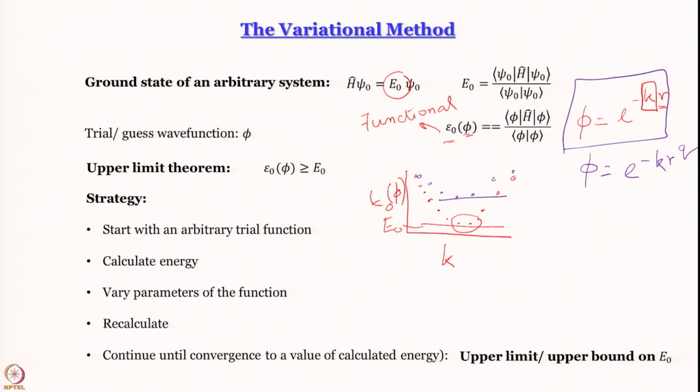Let us say change it to 2 and now I get things that go down further, then I am going in the right direction. But suppose by changing to 2 it went up, that means I am going in the wrong direction with q. So, what you do is you play around with q and get the best possible curve for k, see for which value of q you get.